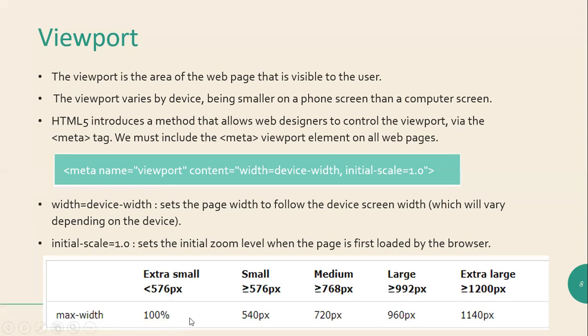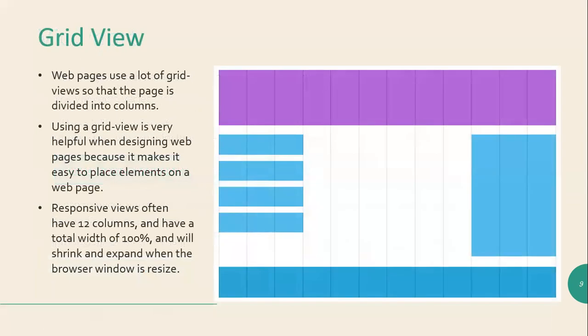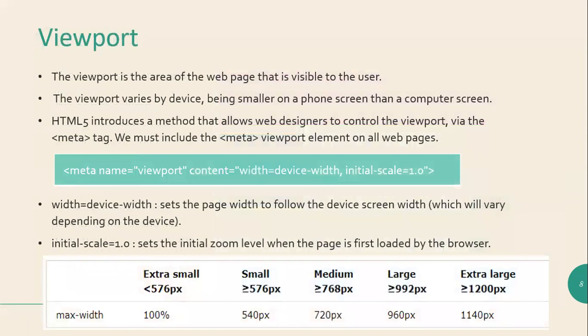Okay, so this is the category of the device width. So if we change the screen, the browser will check whether our screen is extra small, small, medium, large, or extra large.